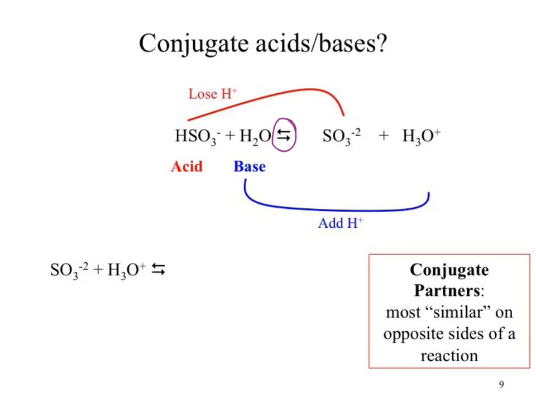SO3 minus 2 now acts as what? Okay, for it to act as an acid, what does it need to have? Hydrogen. Does it have a hydrogen? Nope. So what does that mean it's going to act as? A base. What's the other one going to act as? An acid. What do bases do?